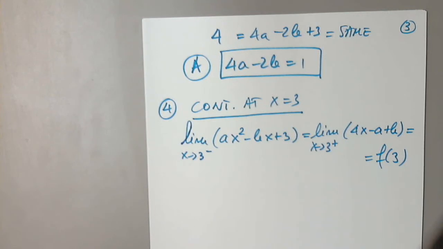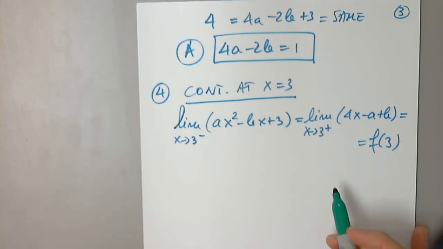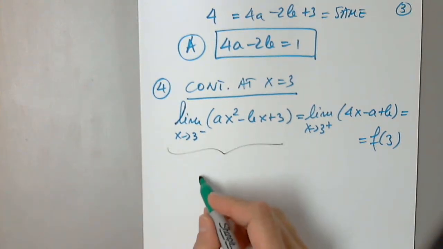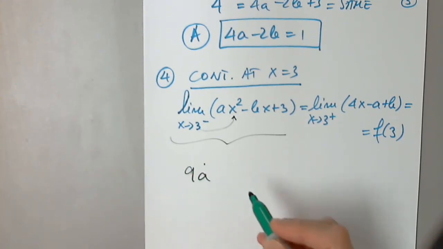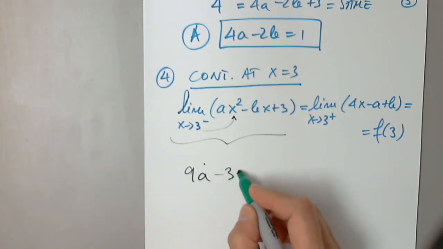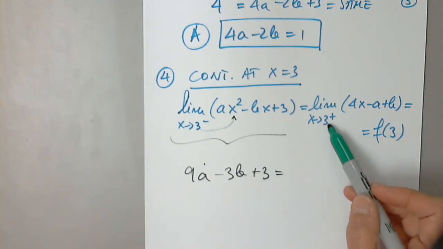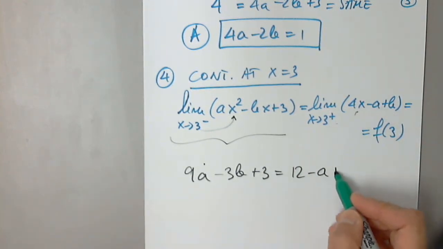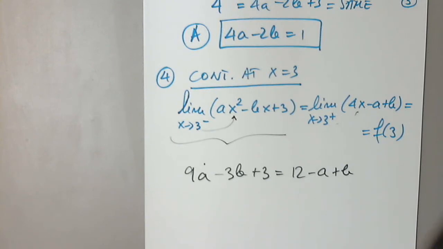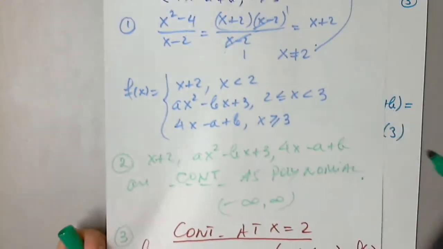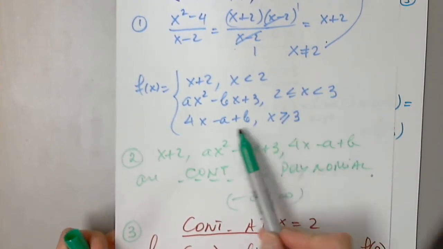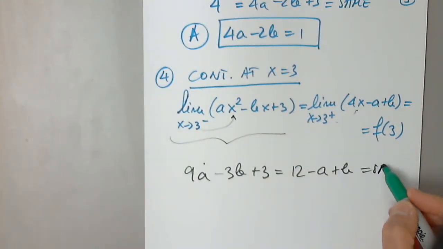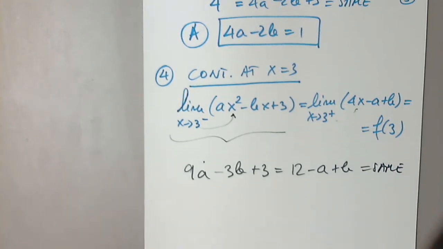Can anyone give us the left side? We plug in 3. Very good. 9a plus 3 must equal 12 minus a plus b. And I took this away too fast. F of 3, middle or bottom? Right. So I still have 12 minus a plus b. I'm going to say same and not have to write it again.